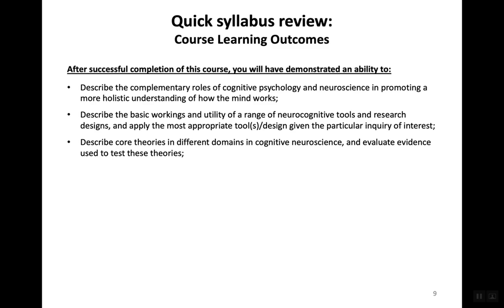And of course, we're not going to be able to cover the broad spectrum of these theories because cognitive neuroscience is a huge field. But at the very least, we should be able to take a close look at some of the most influential, the most seminal theories in the study of memory, attention, vision, and so on and so forth.